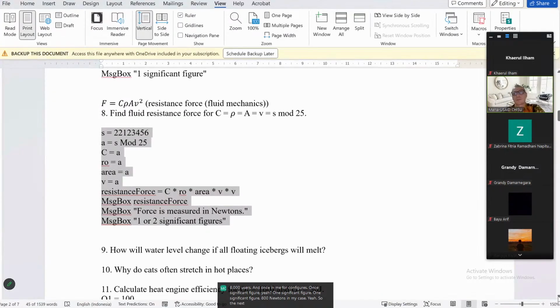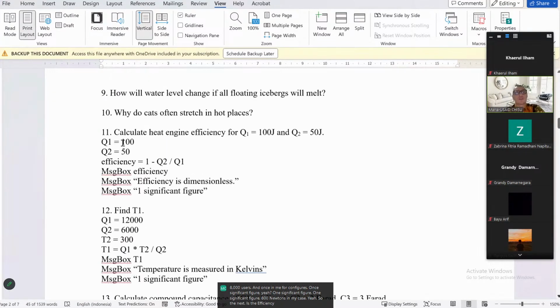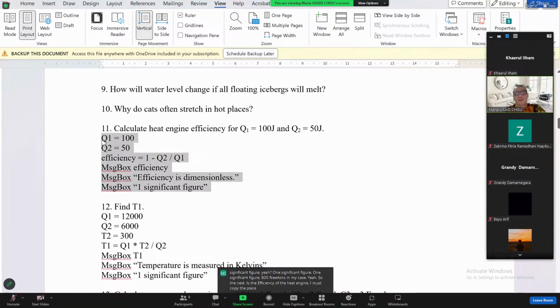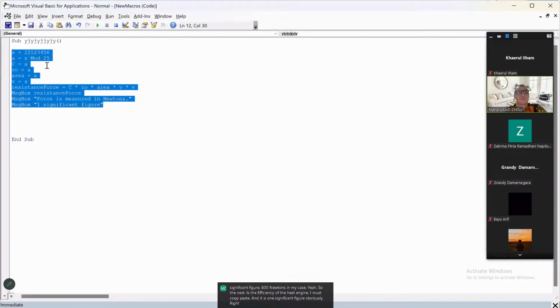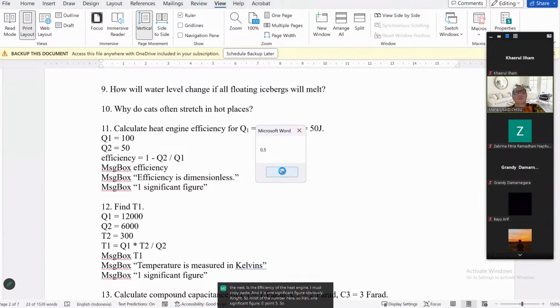So the next is the efficiency of the heat engine. I must copy paste, and it is one significant figure, obviously. So no student number here. I run, one significant figure, 0.5. So 5 times 10 to the power of minus 1, it's dimensionless.